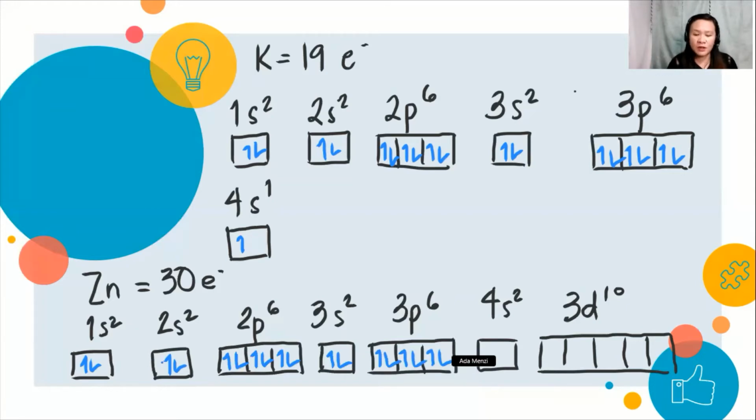For 4s, it has 2 electrons. And finally, for 3d, it has 10 electrons. So this means that we will be filling up the electrons for all of the orbitals that we have, okay?